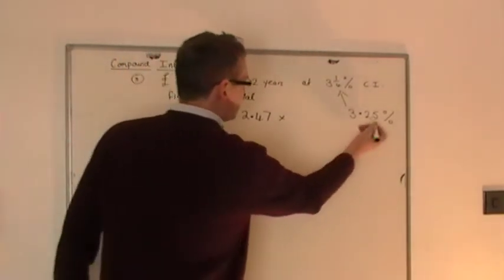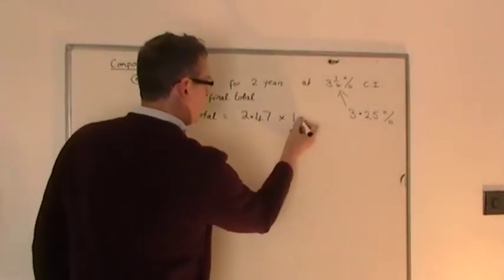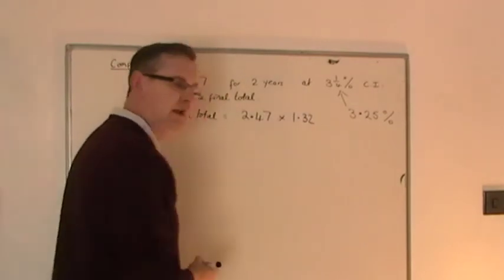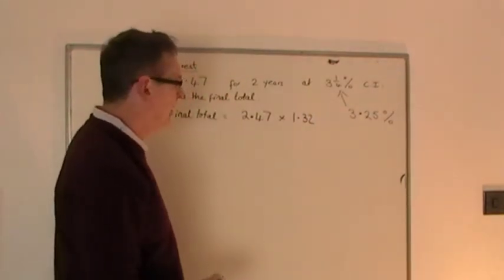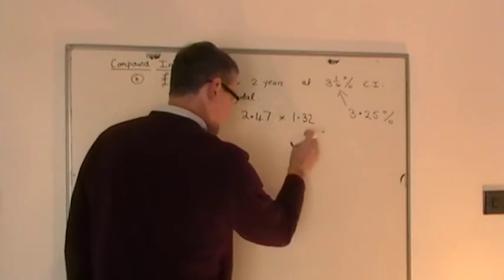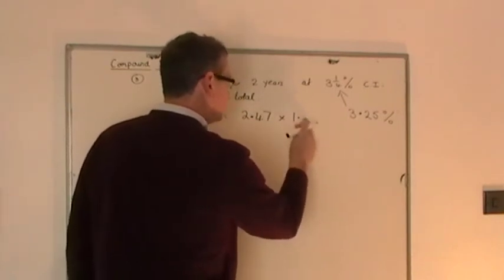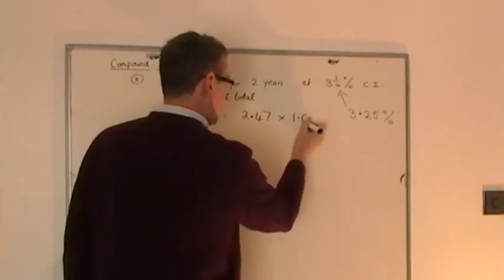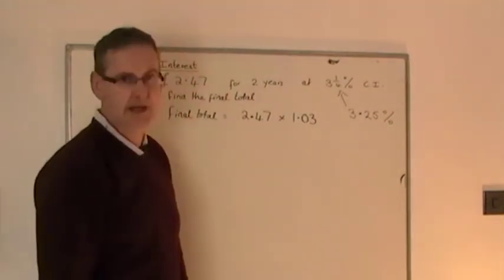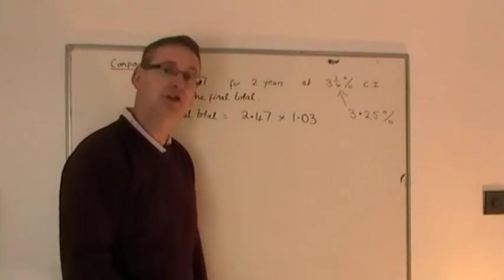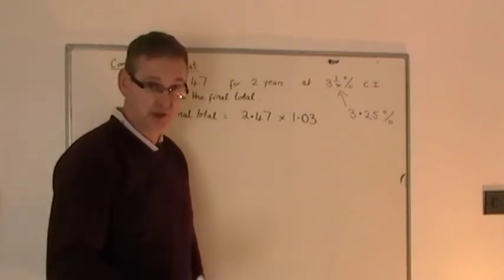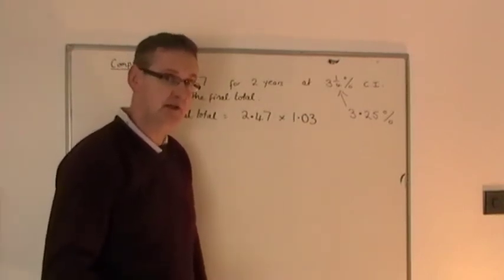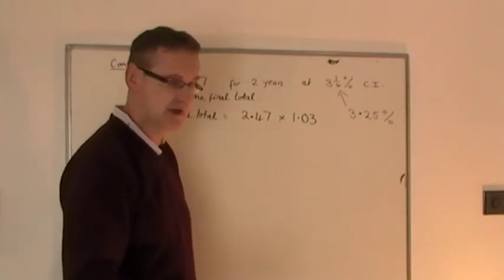Sorry, 1.32 would be a 32% increase, that's a load of nonsense. So I don't want to confuse anybody. If you want a 3% increase, it would be 1.03. 1.03 gives you a 3% increase. 1.3, remember, is 30%. So 1.03 is 3%.